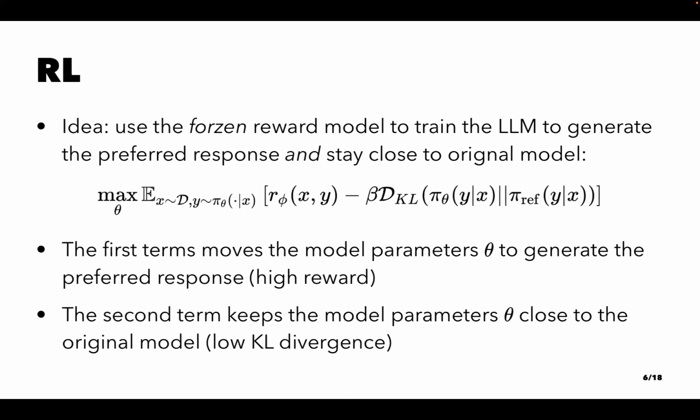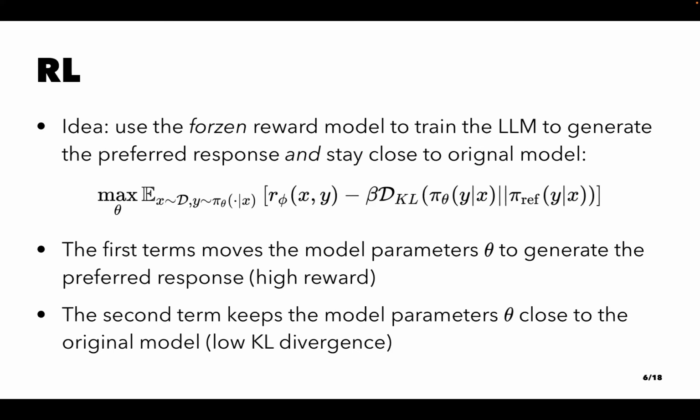The weights here are denoted by theta. You want to nudge those weights so that given a prompt X, it generates things that give a higher reward more often, and it generates things that give low reward less often.